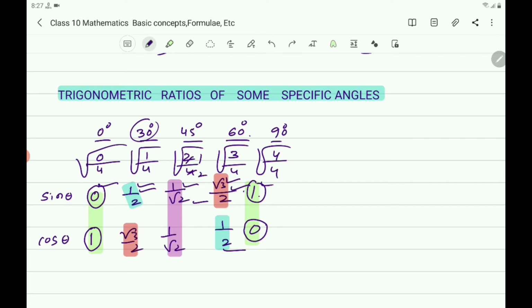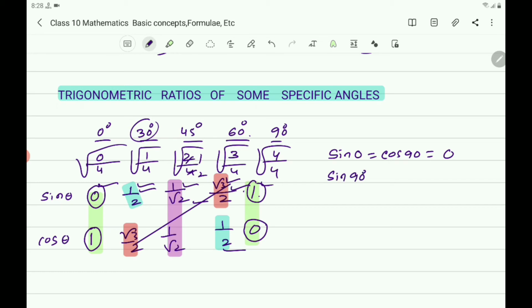Next, again one thing you can observe: at 45 degree they have the same value, 1 by root 2, 1 by root 2, and 30 degree and 60 degree are again exchanged. Sin 30 is the same as cos 60 and sin 60 is the same as cos 30. So here, sin 0 and cos 90 are both equal to 0.